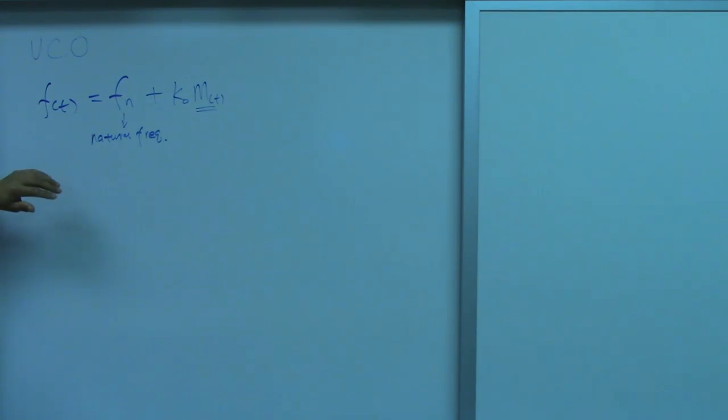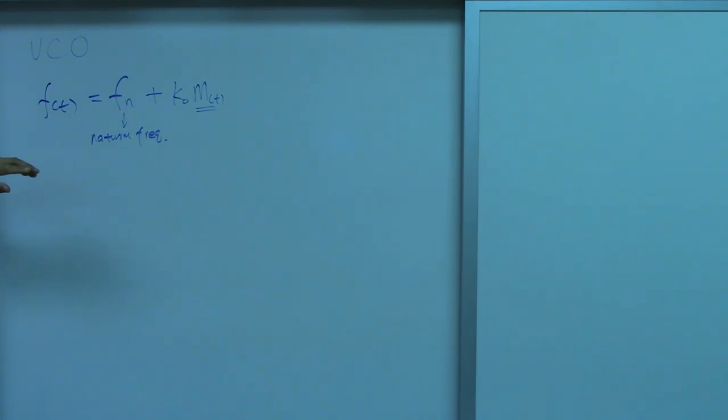Keep in mind, this one is not the input, because for an oscillator we don't need to have any input. And this one is not the power, not the 12 volt or 5 volt. It's just an externally applied voltage to a terminal that can control the oscillating frequency.